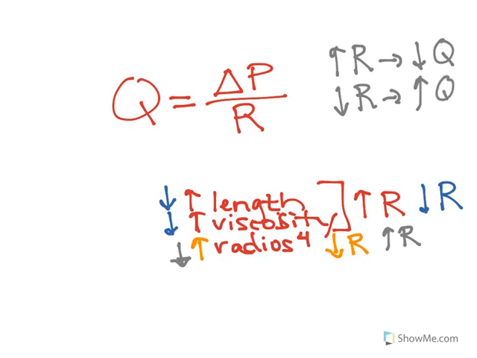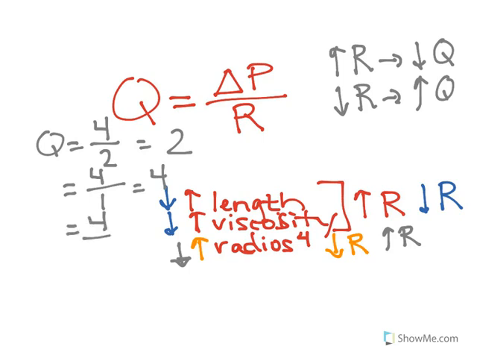Just try it out. Just put some numbers here. So if I have, say, 4 over 2, that's 2. 4 over 1, that's 4. So I decreased resistance, flow went up. 4 over 4 is 1. I increase resistance, that's less flow. Just plug in some numbers and you can see it.